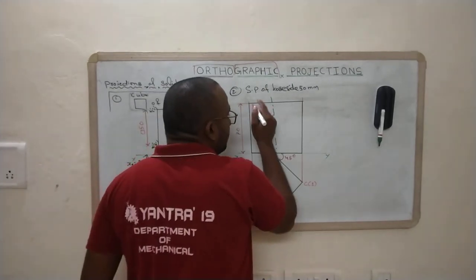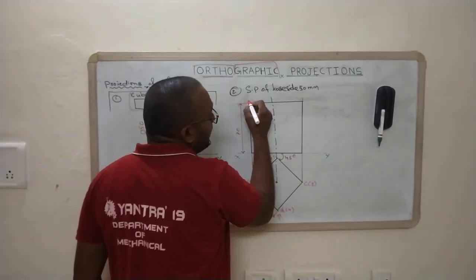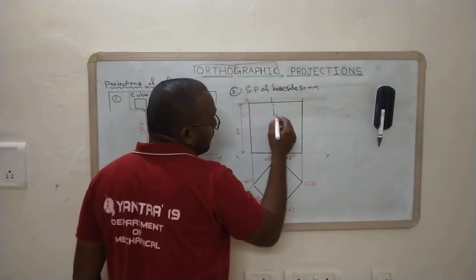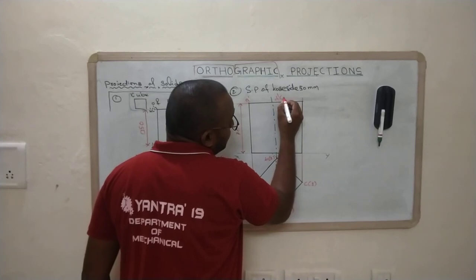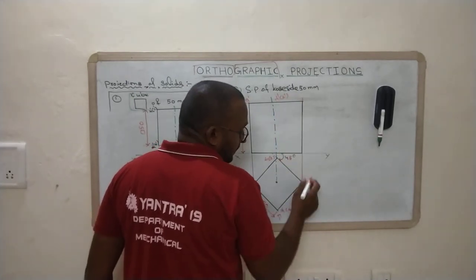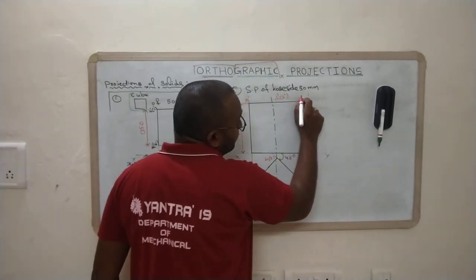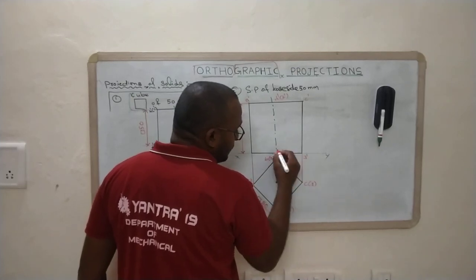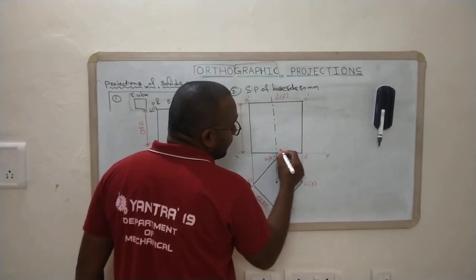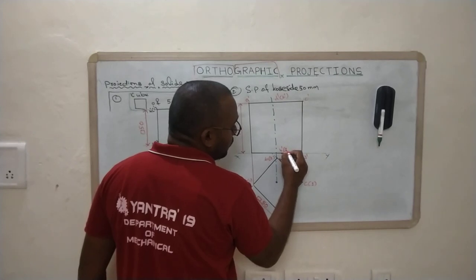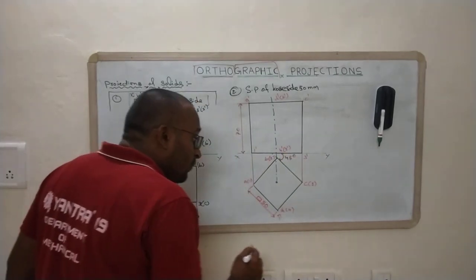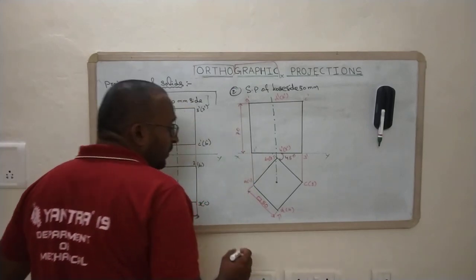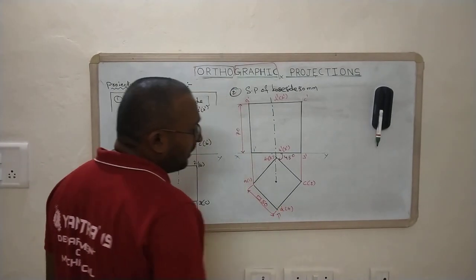So here on top we will have A dash, then D dash of 4 dash, B dash, then C dash, and then here it is 3 dash, here 4 dash of 2 dash, and then here 1 dash.